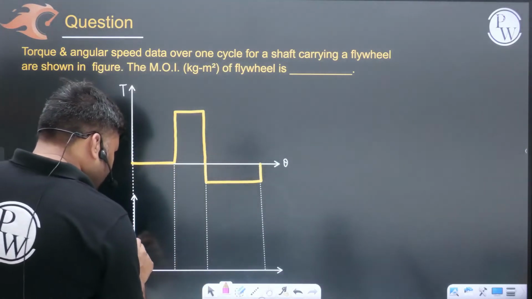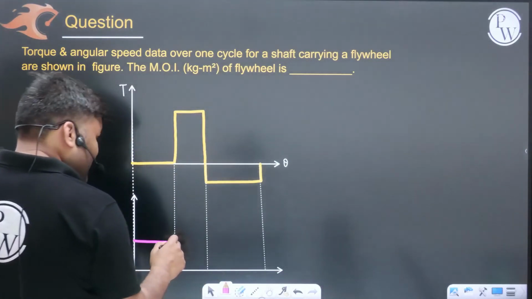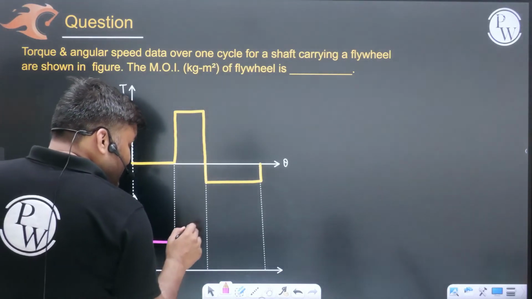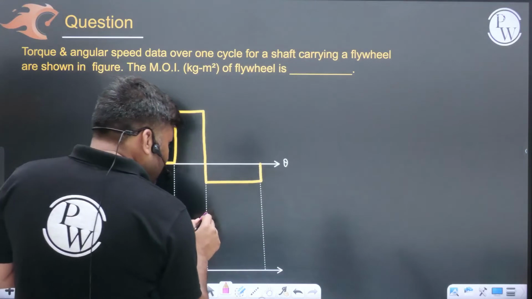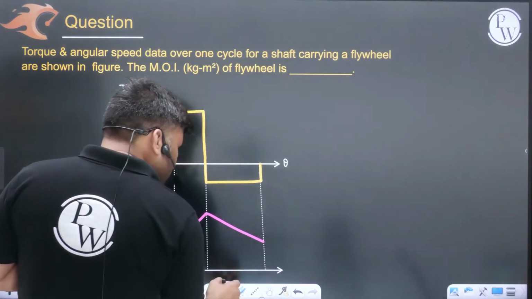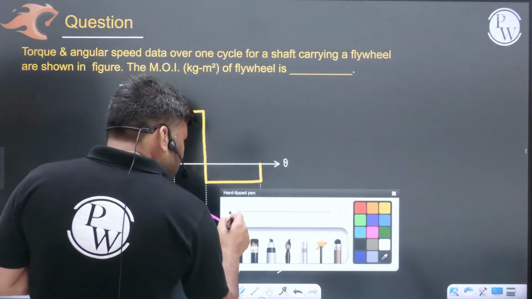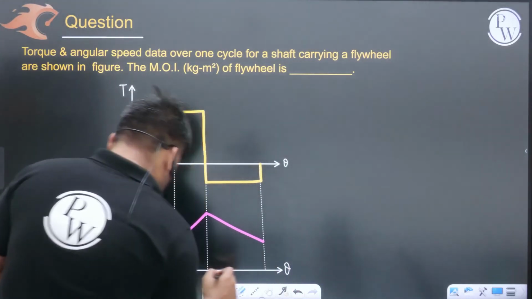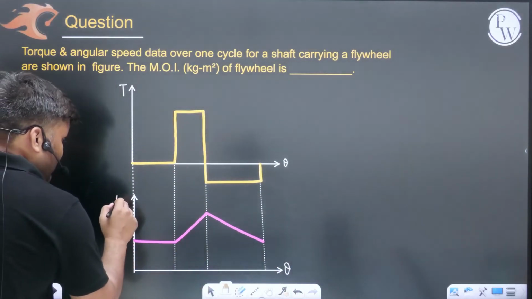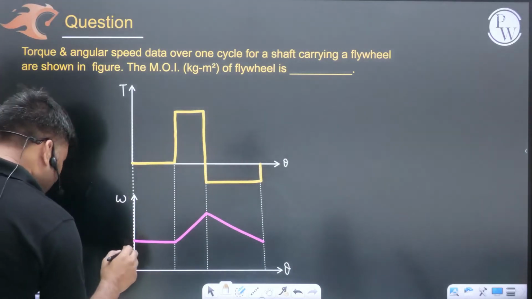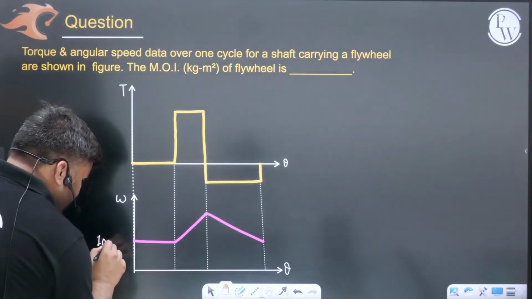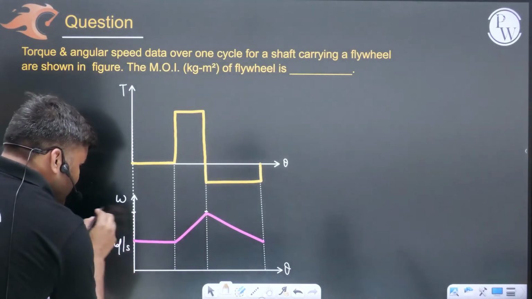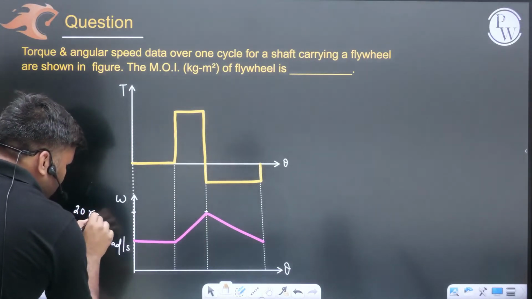Sir, speed का variation they have given. Speed remains constant up to a certain time. It increases linearly to some maximum value, again decreases to the same value. This is speed ka data. This is theta they have given, and here they have given speed, angular velocity omega. Speed is varying between 10 radian per second, and this peak wala speed is given as 20 radian per second.